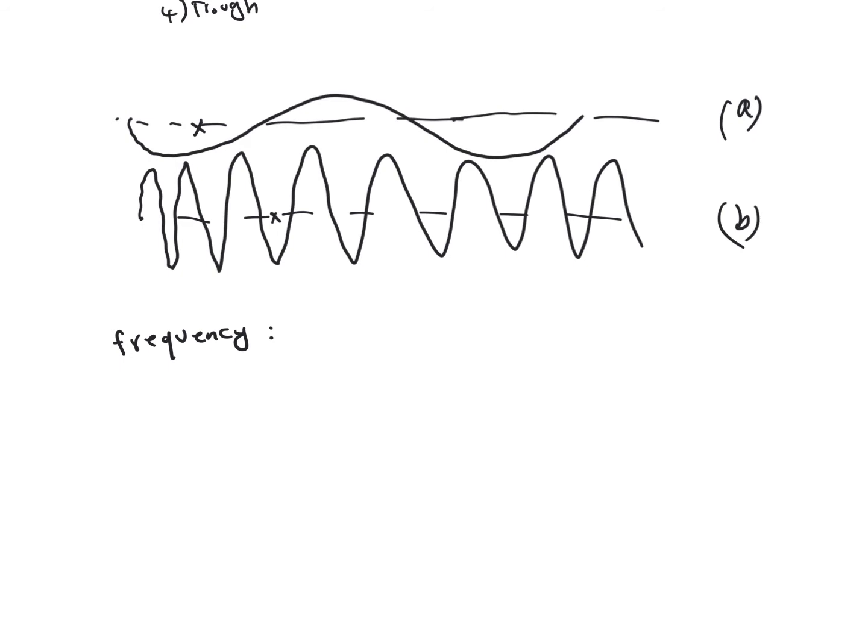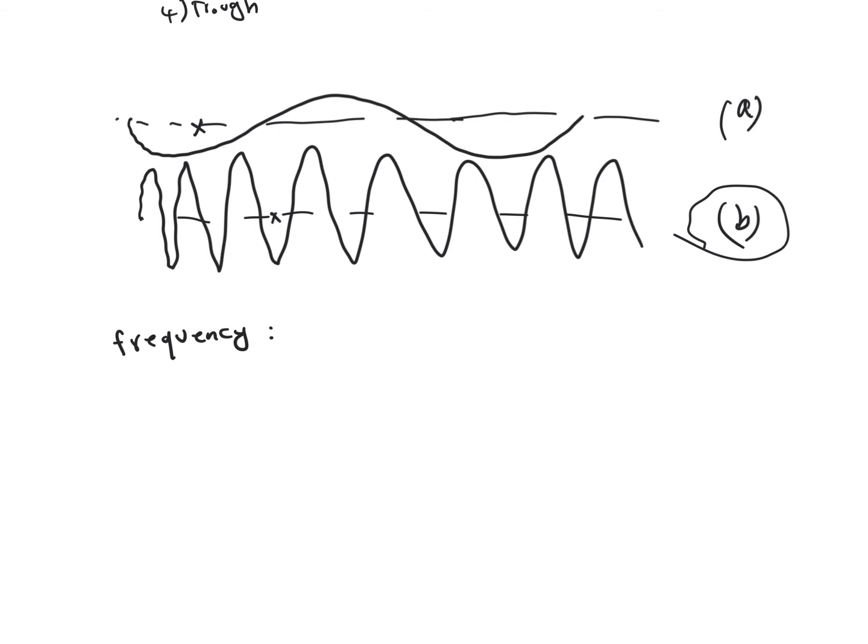In the animations you can see it better: if you consider one stationary point and count the number of crests or cycles, you see that with B there are more of them passing through, so it has higher frequency.